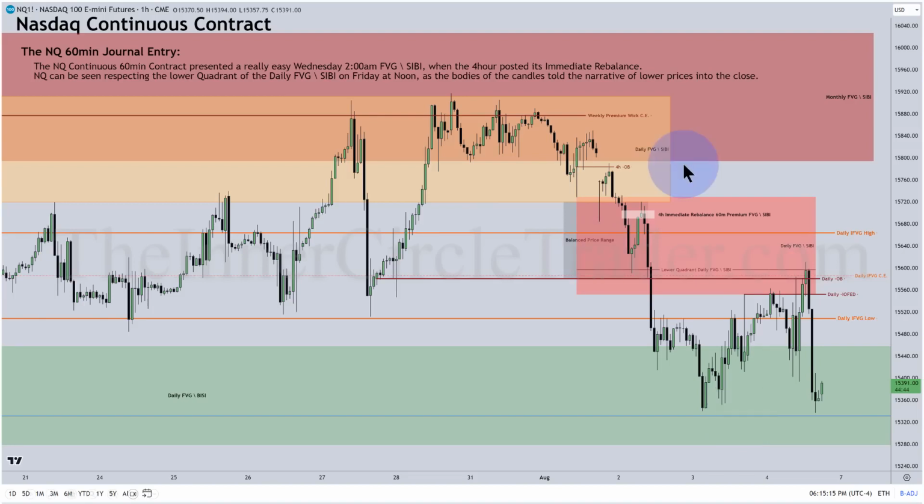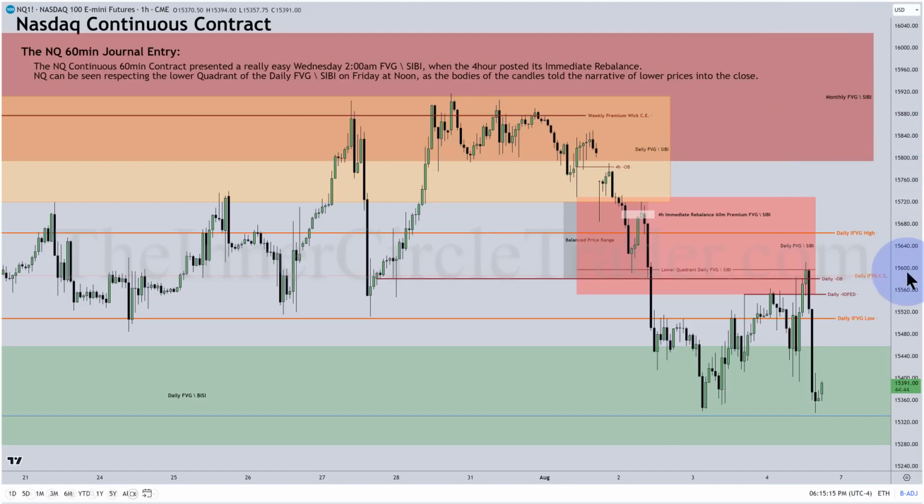In here, we see that monthly fair value gap SIBI, this is that shaded area here. The monthly breaker high is outside the range of this time frame. The monthly breaker low is outside the time frame of this hourly chart. Okay, so they're there.